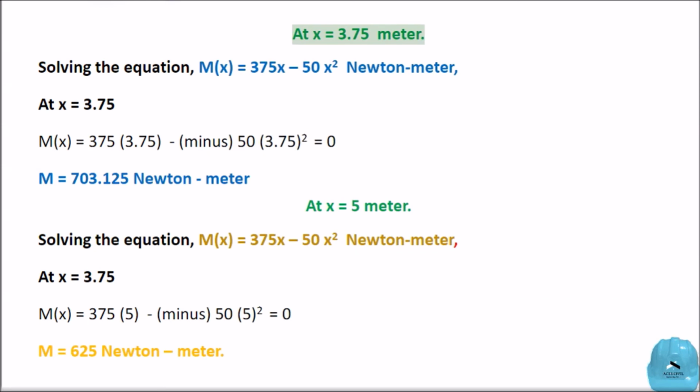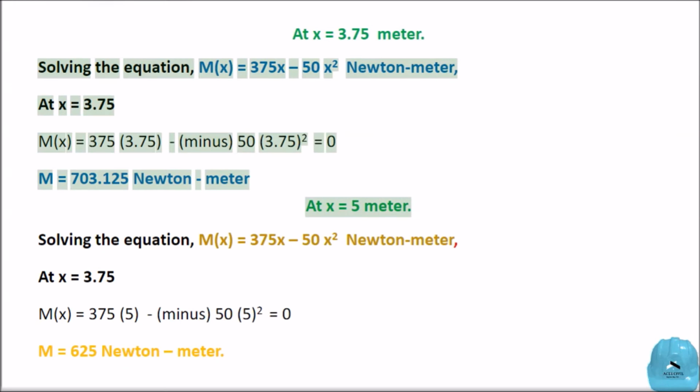At x equals 3.75 meter, M equals 375(3.75) minus 50(3.75)² equals 703.125 Newton meter.